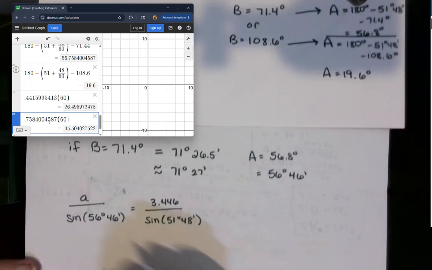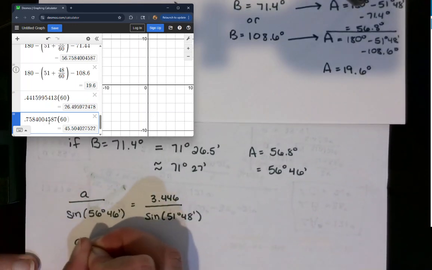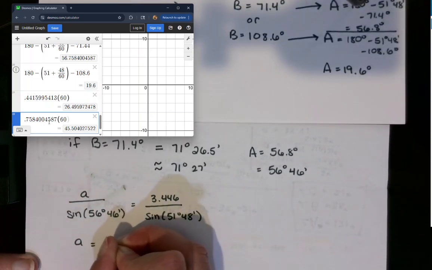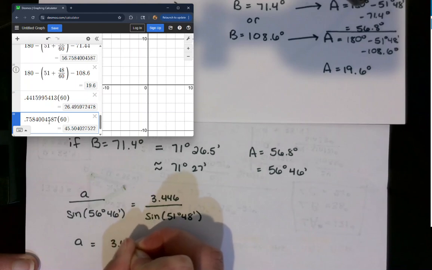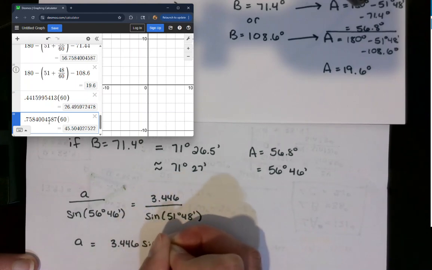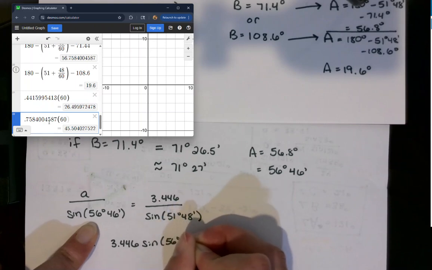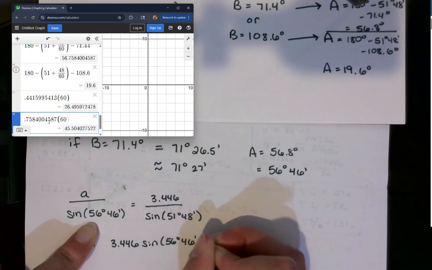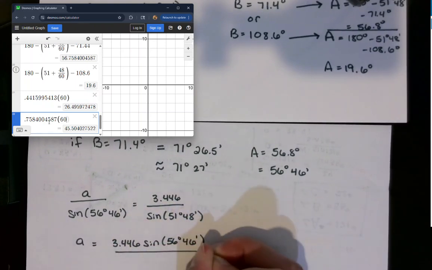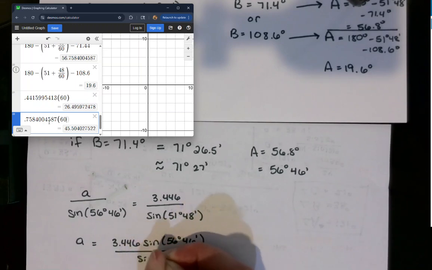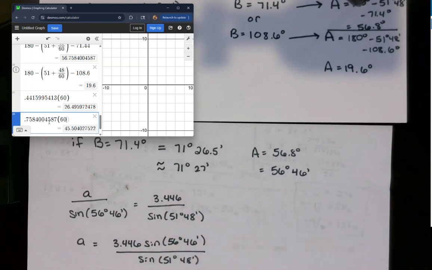We're going to multiply the sine over, so little a will be equal to 3.446 times the sine of 56 degrees, 46 minutes, over that sine of 51 degrees, 48 minutes.